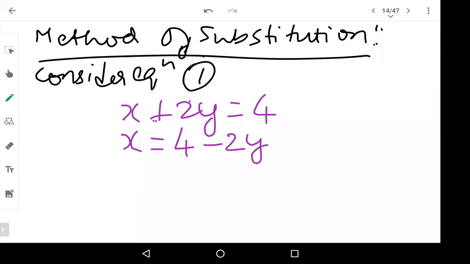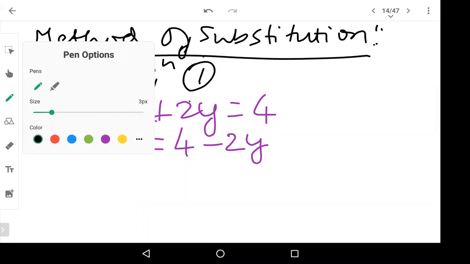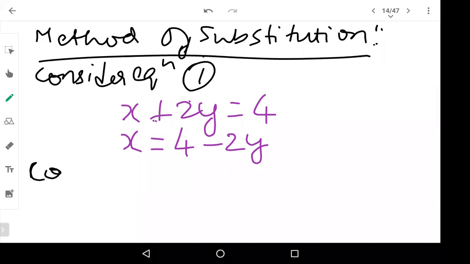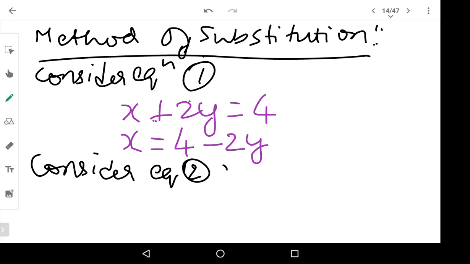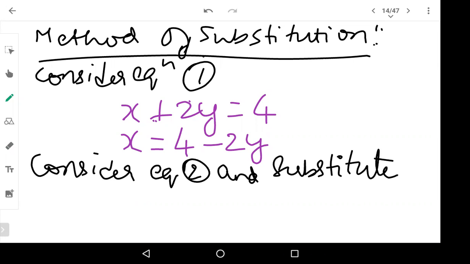Okay. Now we are supposed to substitute this x is equal to 4 minus 2y in equation 2. So consider equation 2 and substitute x is equal to 4 minus 2y.